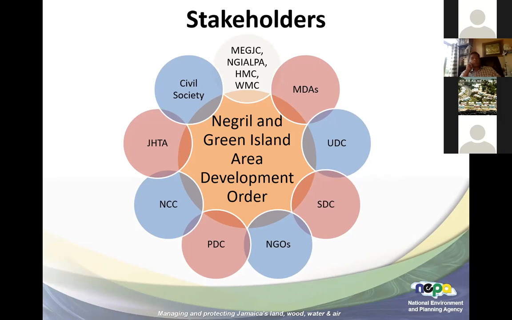Especially since the onset of the COVID-19 pandemic, where we have not been able to come out as we usually would and go into the communities to meet with the community members, we would be seeking the assistance of the SDC in having more virtual consultations with some of these civic groups, etc.